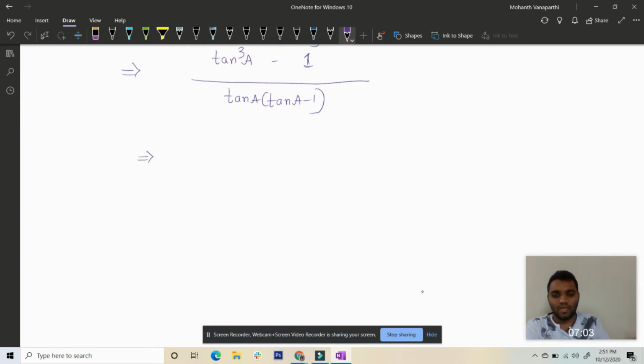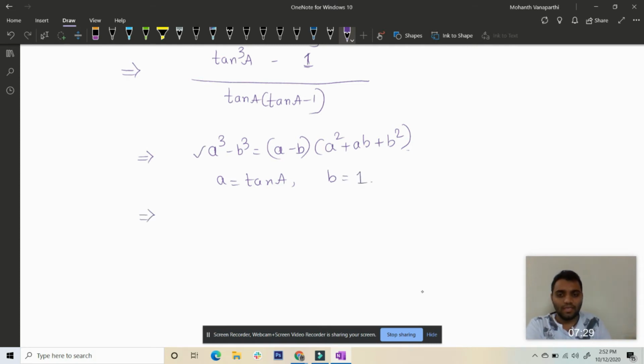If I apply the A cube minus B cube identity, A cube minus B cube is equal to A minus B into A square plus AB plus B square. Now in the above expression, comparing, A is equal to tan A and B is equal to 1.